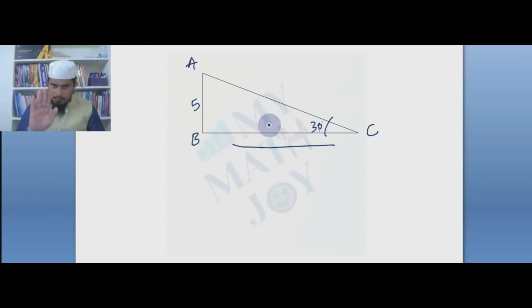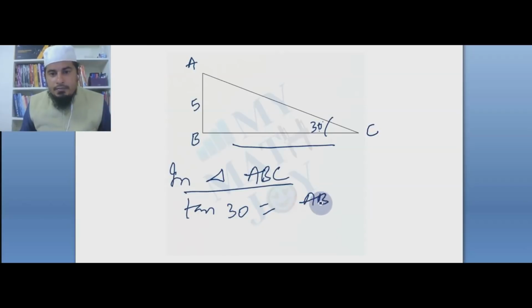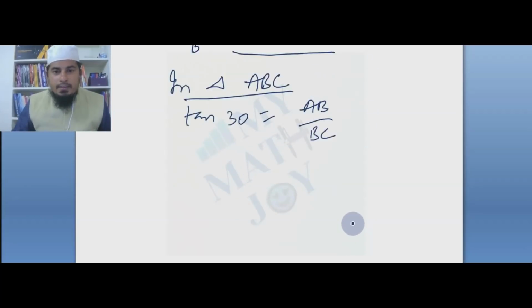So opposite is given, and I want to find the adjacent side. Opposite and adjacent together, which trigonometric ratio can it be? Opposite divided by adjacent is tan. So in triangle ABC, tan 30 degrees is AB divided by BC, and tan 30 degrees from the standard table is 1 by root 3.